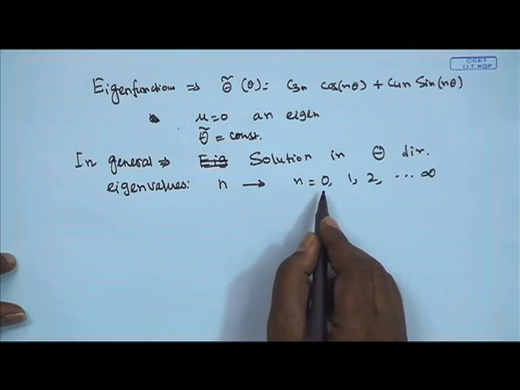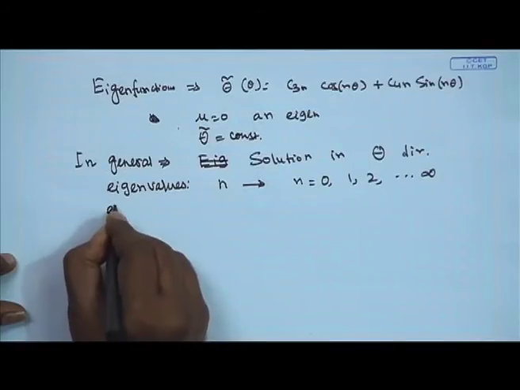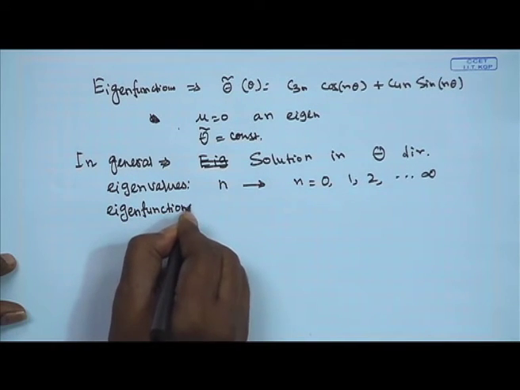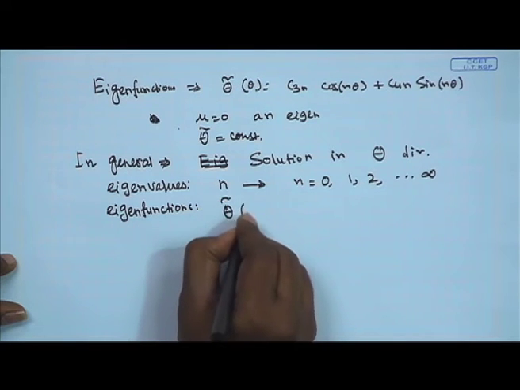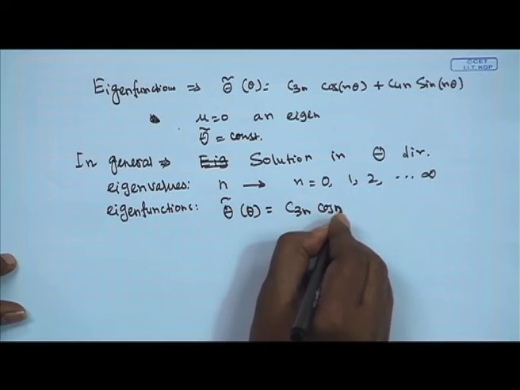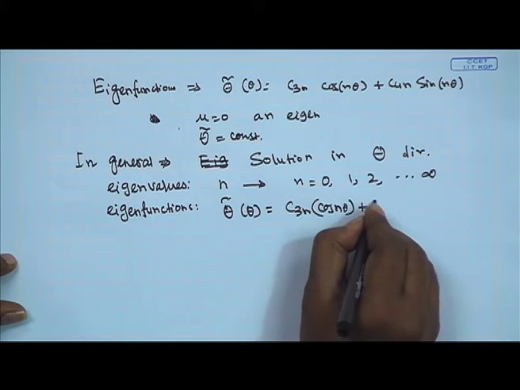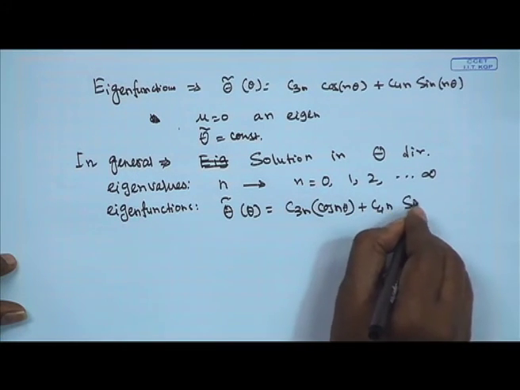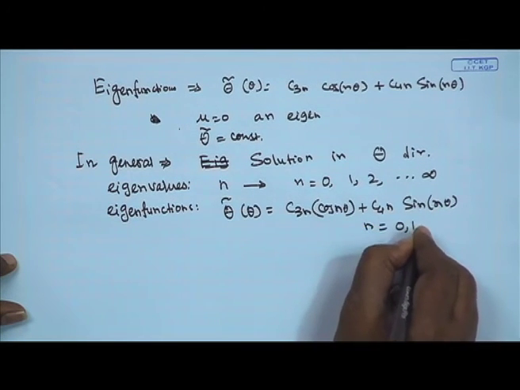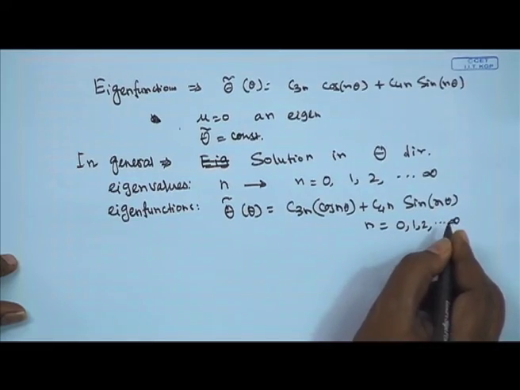So n equal to 0 is an eigenvalue, 1 is an eigenvalue, 2 is an eigenvalue, 3 is an eigenvalue, up to infinite terms. What are the corresponding eigenfunctions? The general form of the eigenfunctions is theta hat, which is a function of theta, nothing but C3n cosine n theta plus C4n sine n theta, where n runs from 0, 1, 2 up to infinity instead of 1, 2, 3 up to infinity.